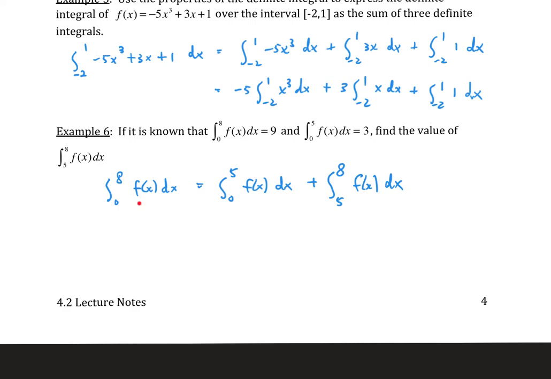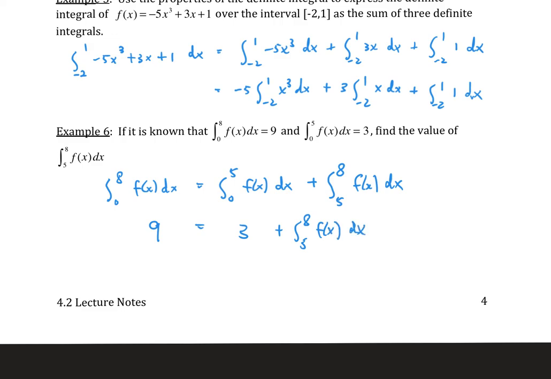Now I know two of these integrals, and then I can figure out what the third one is going to be. So I know that on the left-hand side, we're going to have a 9. And on the right-hand side, for the first integral, that's going to equal 3. And the part that I don't know is this integral from 5 to 8 of f of x dx.